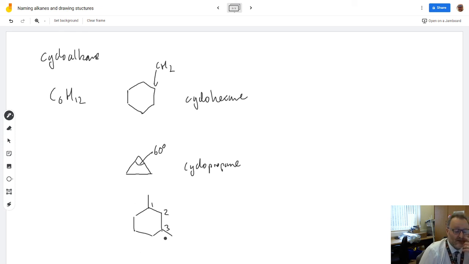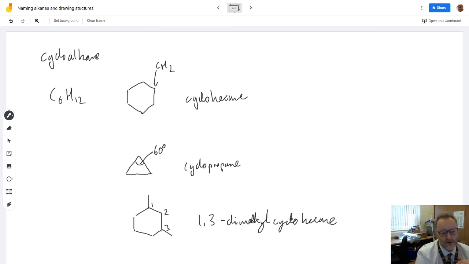Rather than counting it around the other way, you get bigger numbers. 1,3-dimethylcyclohexane. Okay, so you might get cyclic ones as well. So that's something just to bear in mind. Anyways, we'll leave it there. That's long enough on that.